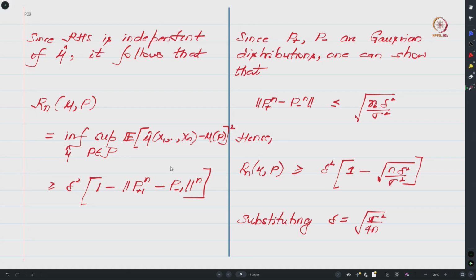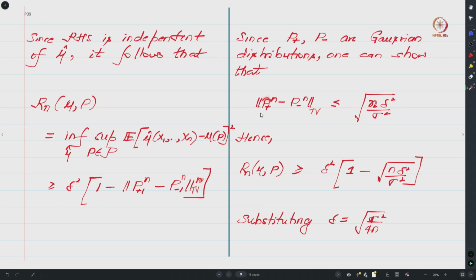And since this P plus 1 and P minus 1 are actually Gaussian distributions, okay, their n-fold products' total variation distance one can compute, and one can show that the total variation distance is actually upper bounded by some quantity like this, right.